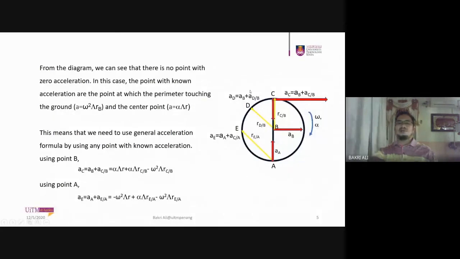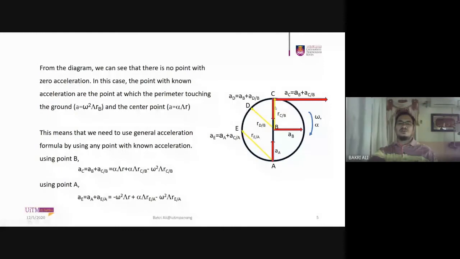If it rolls to the left, then alpha will be positive. And the normal component of AC relative to B is given by negative omega square cross RC relative to B, meaning the radius from point B to point C.